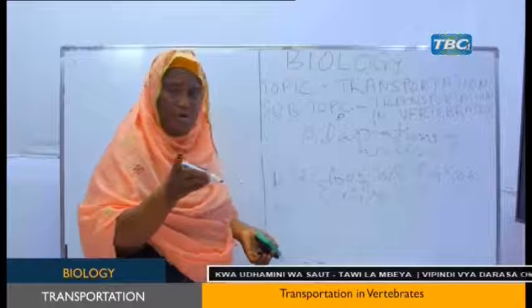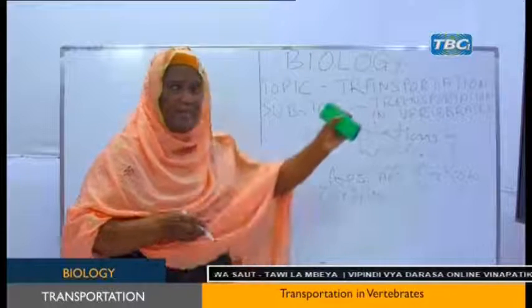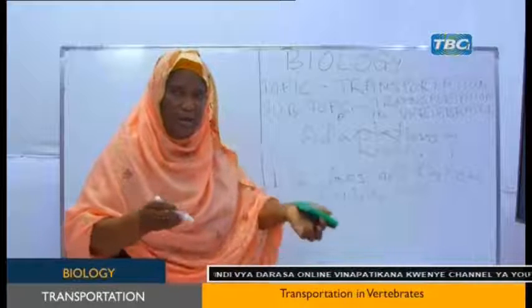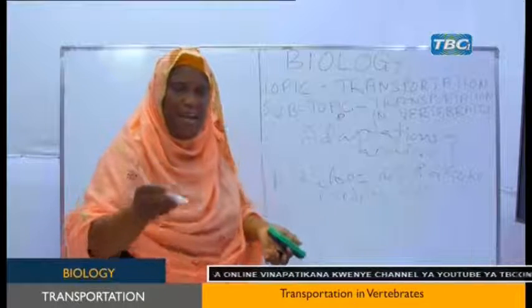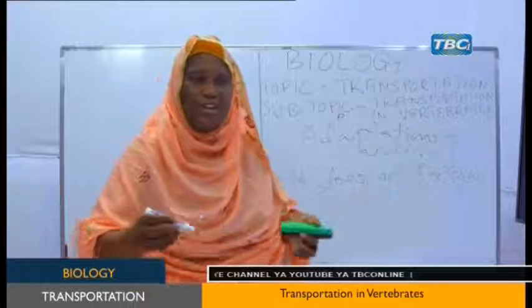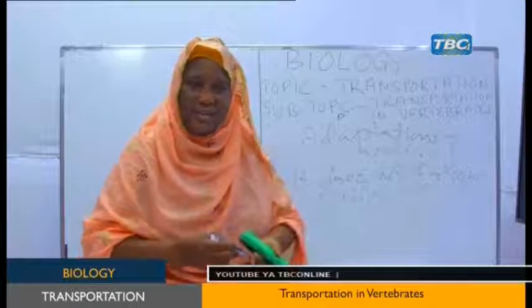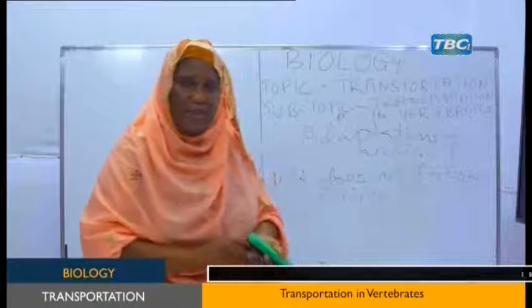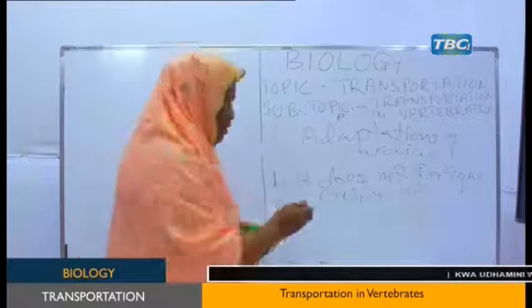If you remember, we said that cardiac muscles contain a lot of mitochondria. Why? For energy provision, to allow contraction and relaxation of that muscle. That is why they have a lot of mitochondria.